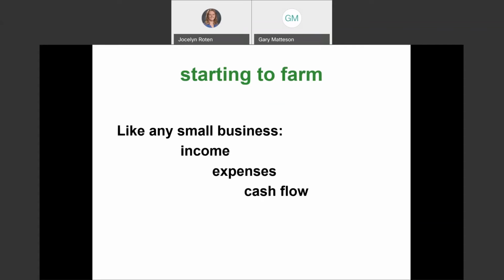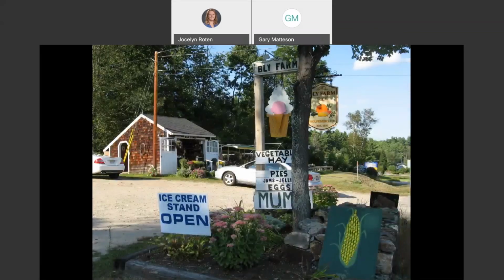It's all about income, expenses, and cash flow, like any small business. I don't know what in particular your business will look like. And you have a vision of what your business is going to be, but I'm not sure that you know exactly what it's going to look like either.